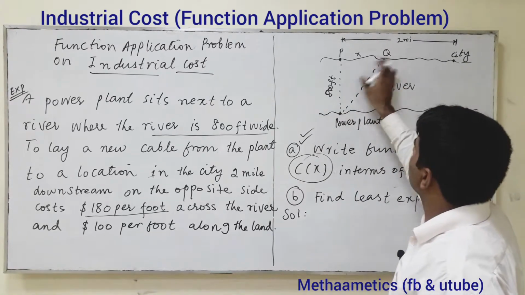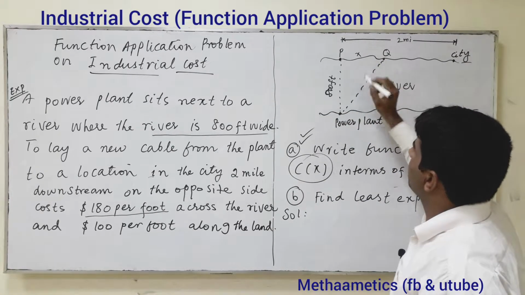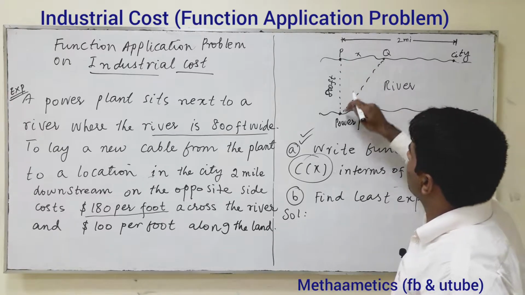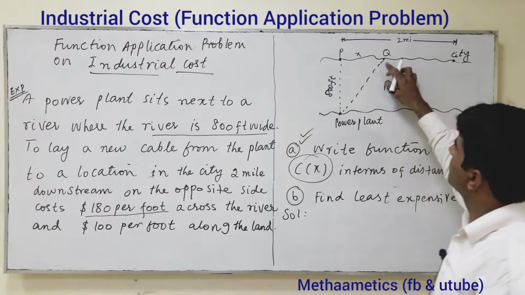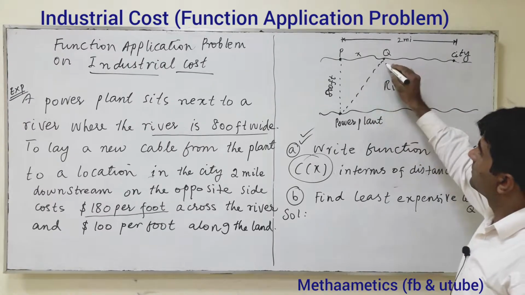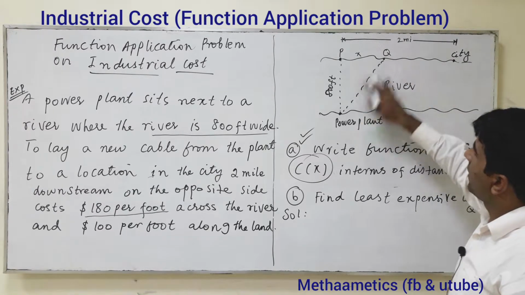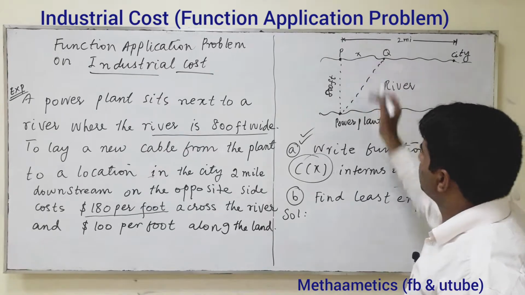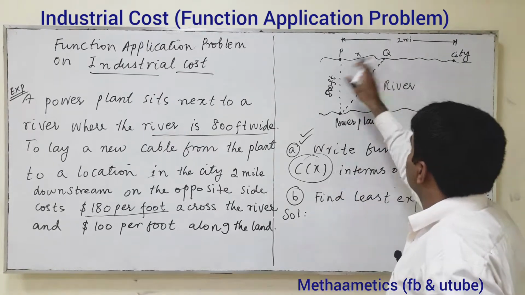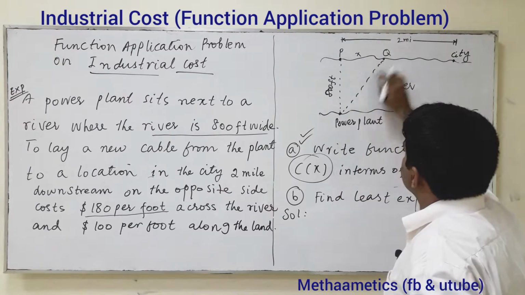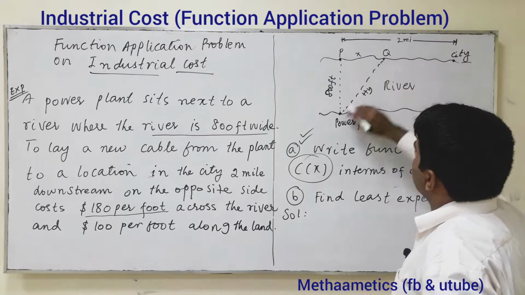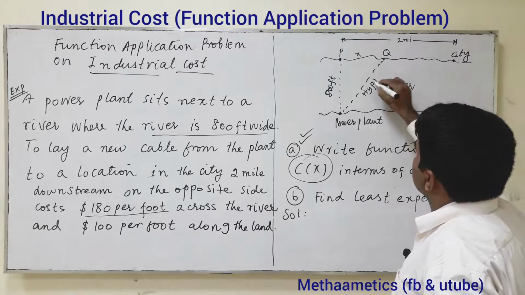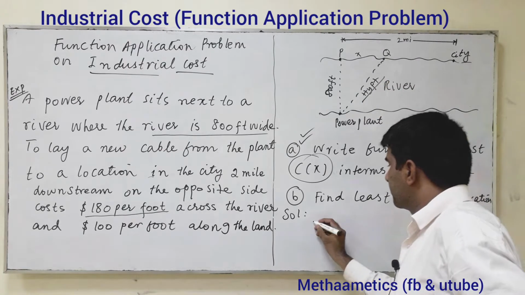To find the total distance, we have to use the Pythagoras theorem, because here this is a perpendicular line, this is the hypotenuse, and this one is the base. The distance across the river, the hypotenuse, is given by the Pythagoras theorem.